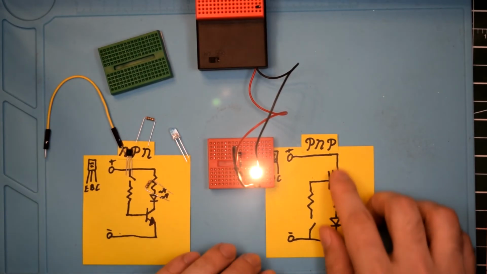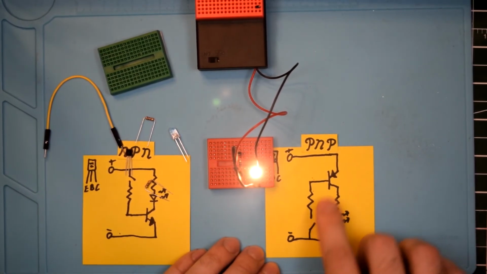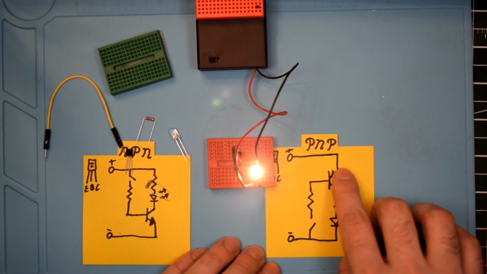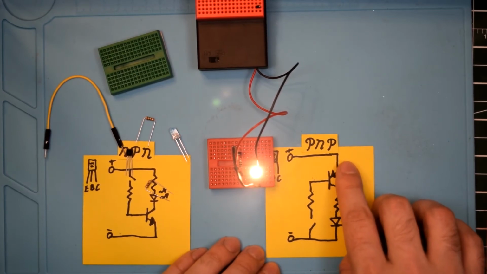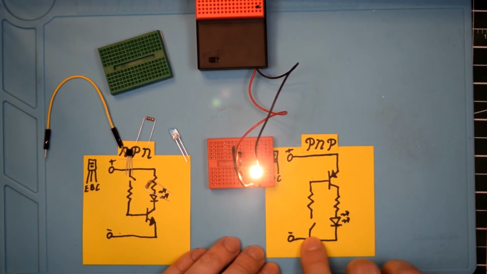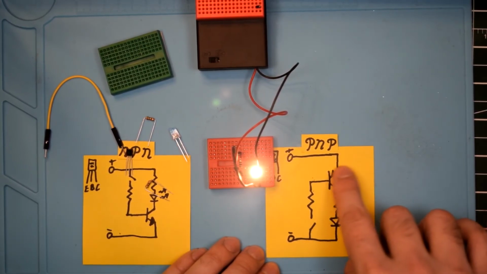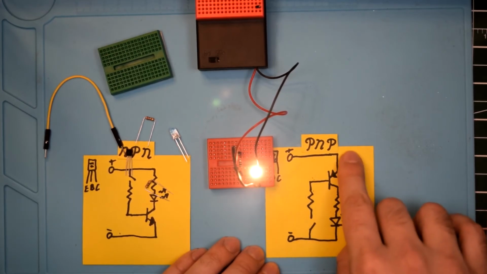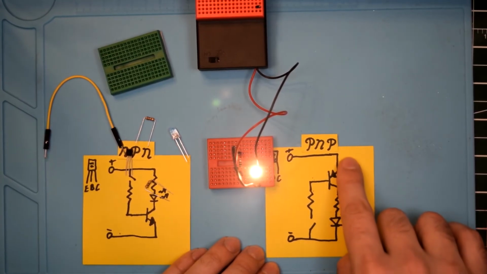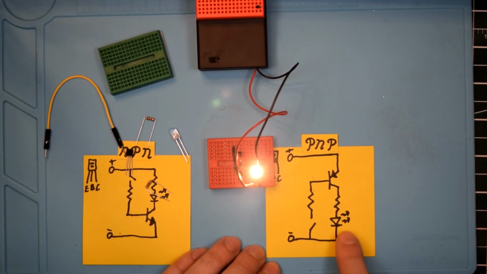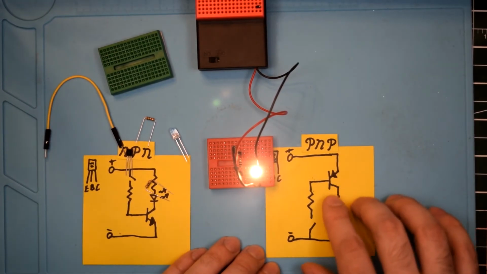And the LED pops on because we've now induced a current from emitter to base, and that current is being amplified from the emitter to the collector, or collector to emitter rather.